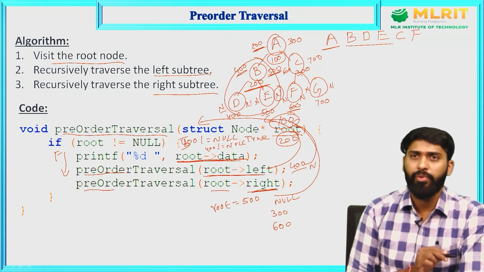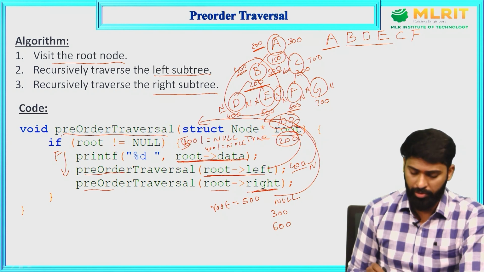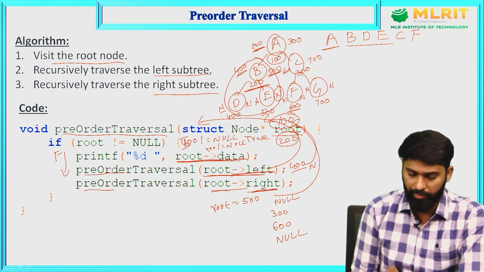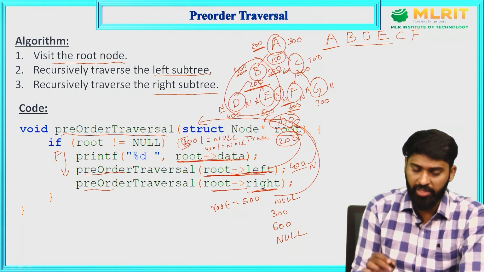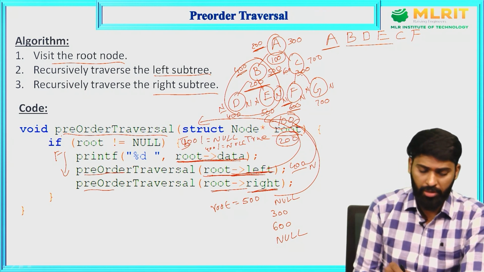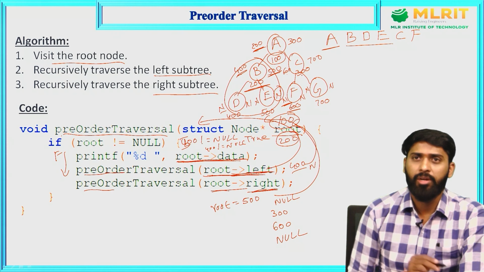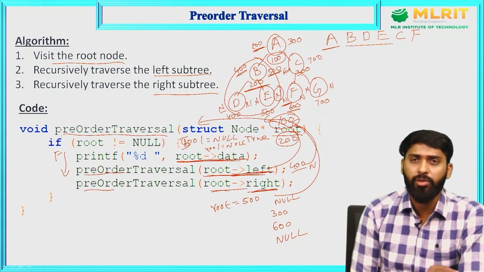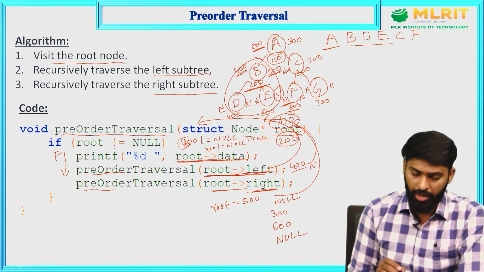Again we call the same function. Now, what is the root value? Now, root value becomes null. Why? Root arrow left, for 600 the left is null. So, now root is null and null not equals to null, false. Now, we move to the previous function call.